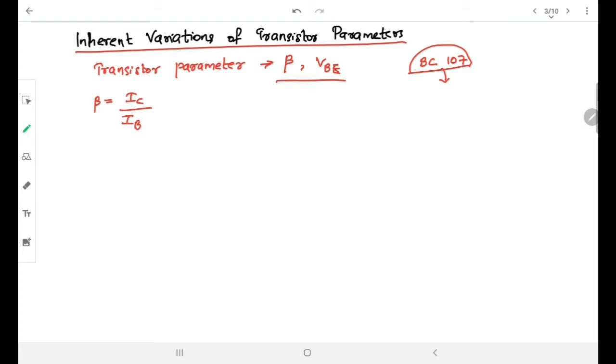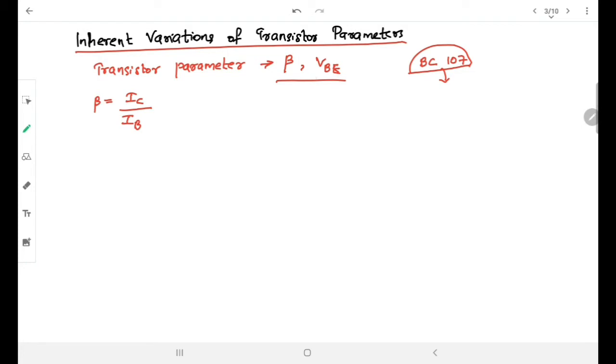The main reason for this variation is that transistor manufacturing is very difficult, and we need a much more advanced, sophisticated technique to make the transistor parameters invariant. We don't have such a sophisticated manufacturing technique, so in practical cases beta and VBE show variations.